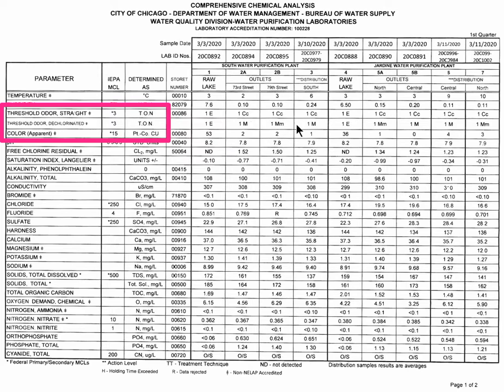The City of Chicago's water only has one color unit, as you can see here. That's not significant. It just has a bit of color. And turbidity is another way of looking at color, though they are different. So if you're doing a carbon filtration system, you might be interested in that.